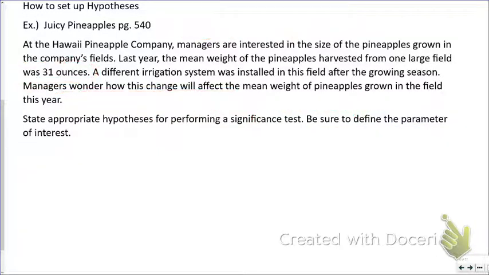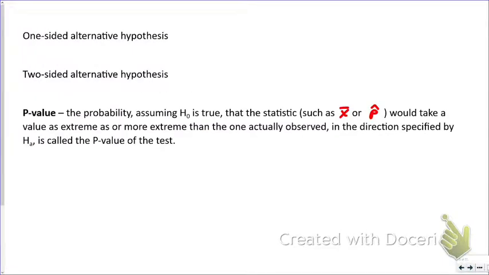All right, let's look at a few more things. A one-sided hypothesis test is when we use a less than or a greater than. This is a left-tailed test. I'll talk about what this tail thing is in a second. This is a right-tailed test.